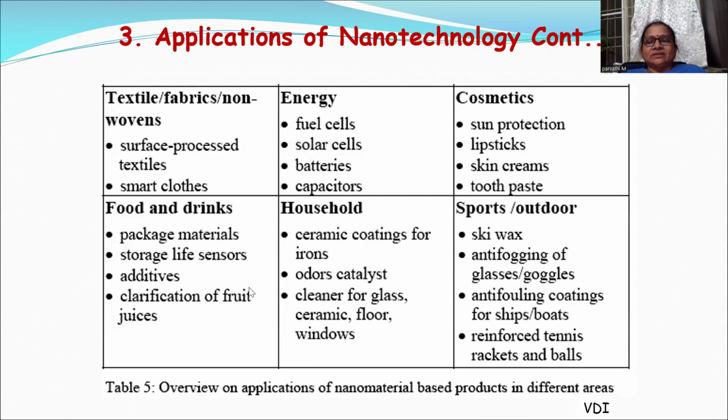Storage life sensors, for example, for medicinal food or food which should not get spoiled easily, to put it in a better cover. It is made with nanomaterial of that kind so storage life increases. Then additives, then clarification of fruit juices, etc. All these are made possible because of various nanomaterials and their properties.